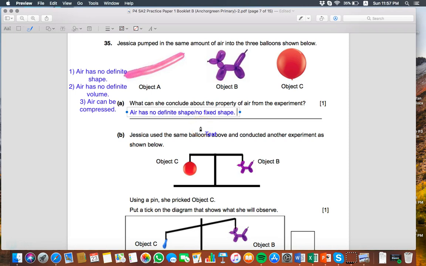Or you can say air can be compressed. But in this case, the second answer will not be that accurate because they didn't tell you the capacity of the balloon, so we can't really see that air was being pushed in and compressed. So the best answer would be air has no definite shape or no fixed shape.